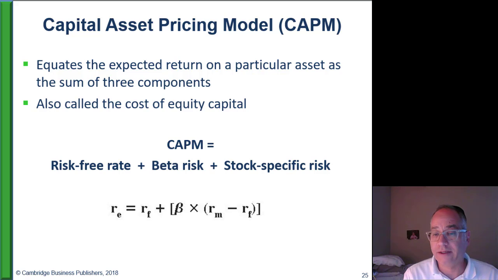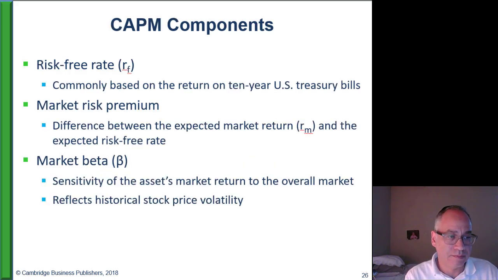And that's called the beta. And then there's what's called stock-specific risk, and this would be the risk associated with a very specific stock. So the capital asset pricing model combines these three elements, the risk-free rate, beta, and the stock-specific risk, in order to arrive at what would be called an expected return.